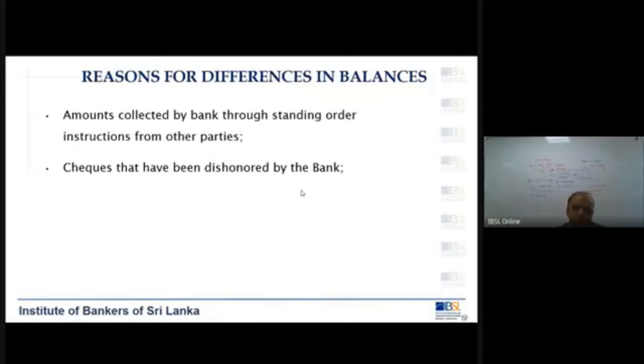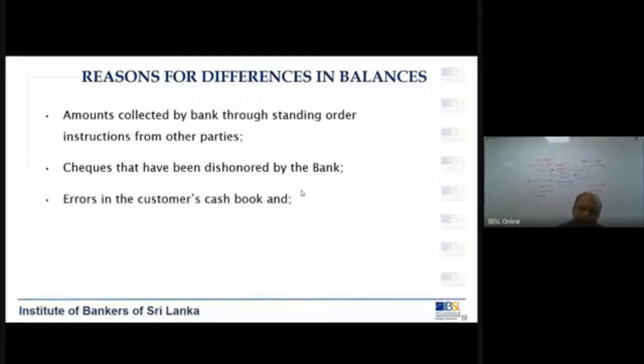But you will come to know when this check was dishonored only when you get the bank statement. Otherwise, by looking at your online transactions or maybe looking at it from a mobile platform. So assuming that you have only the bank statement, what is going to happen? You will see this dishonored check only when the bank statement is received by you.